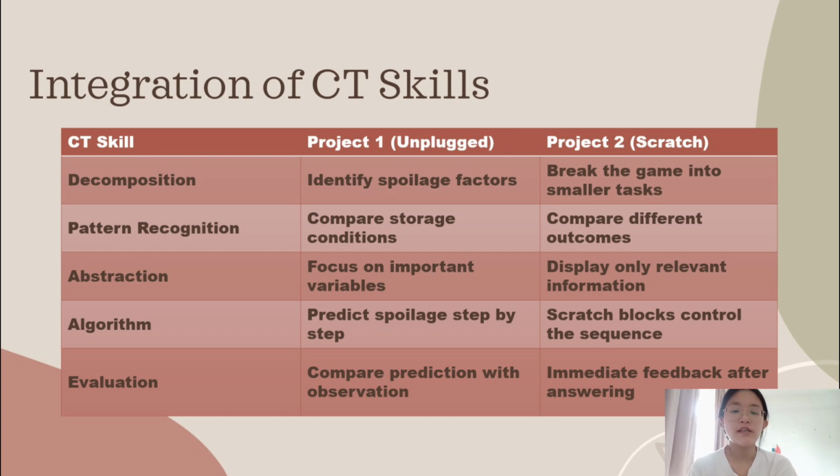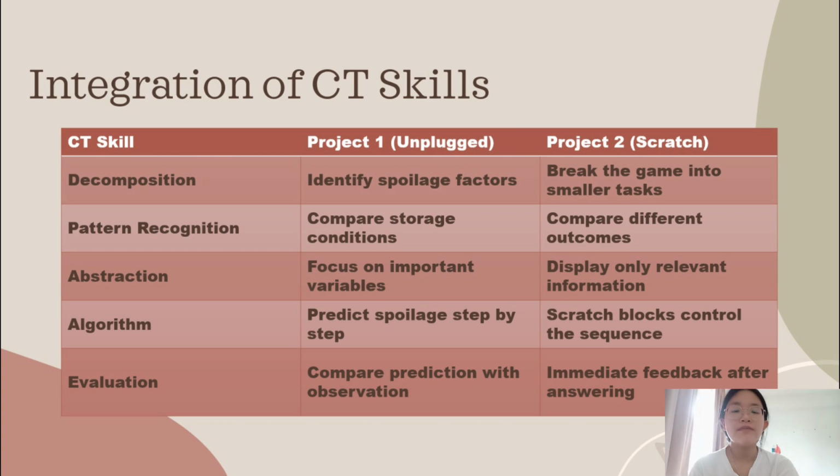For decomposition, Project 1 identifies spoilage factors, but Project 2 breaks the game into smaller tasks and coding. For pattern recognition, Project 1 compares storage conditions, but Project 2 compares different outcomes. For abstraction, Project 1 focuses on important variables, but Project 2 displays only relevant information.